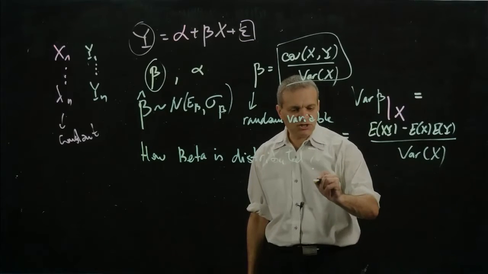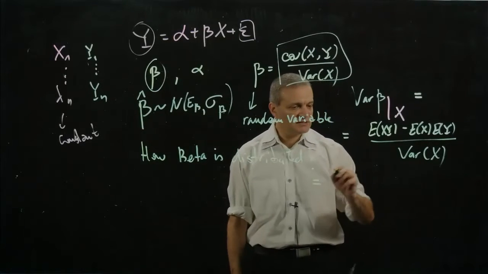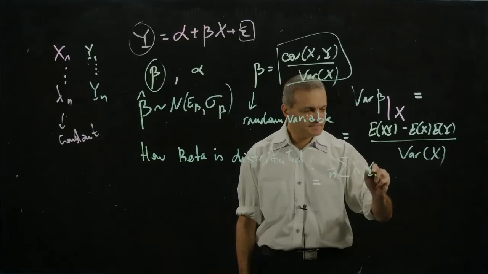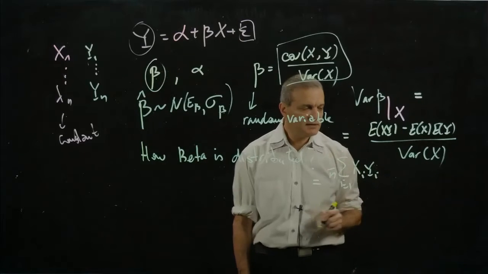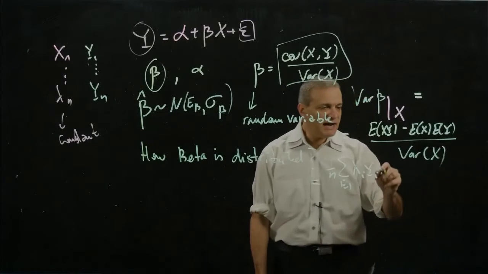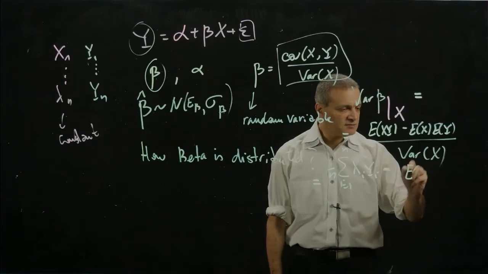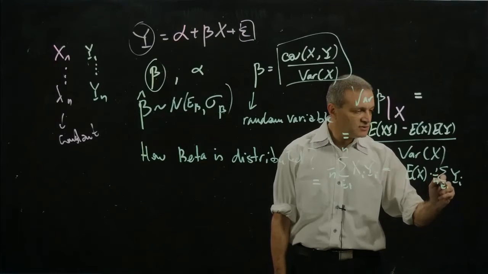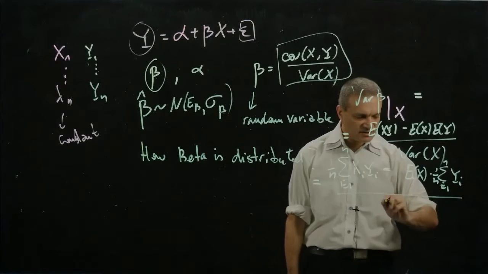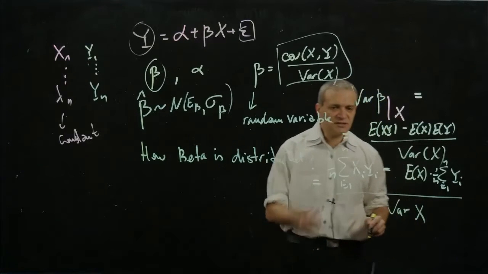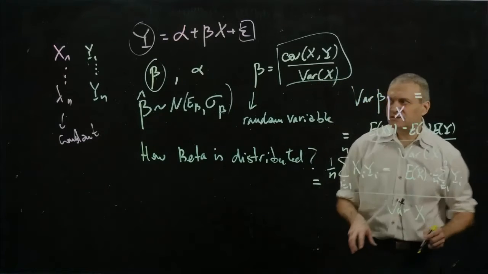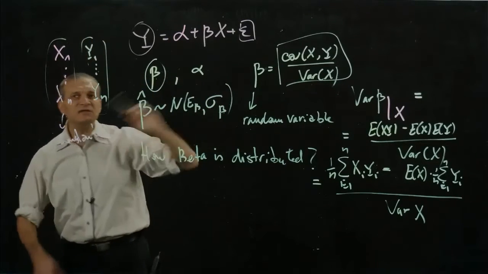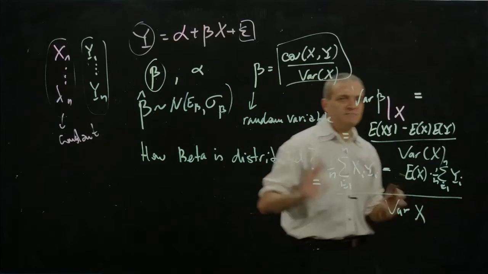You can write it as follows: 1 over n, the sum of xi times yi, i goes from 1 to n, minus the expected value of x times 1 over n, the sum of yi, i goes from 1 to n, and all this is divided by the variance of x. So this is the expression for beta if you have this kind of time series.